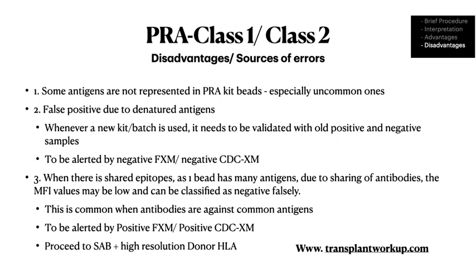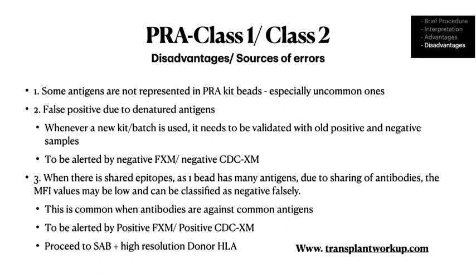When there is a shared epitope, as one bead has many antigens due to sharing of the antibodies, the MFI values may be low and can be classified as falsely negative. This is common when antibodies are against common antigens. So I will tell you about what CREGs are.